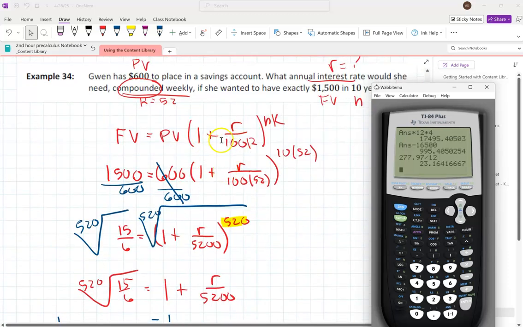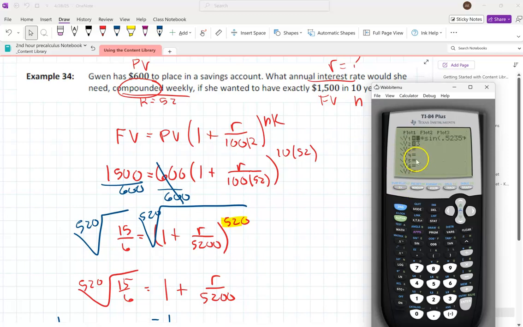If we did this one, oops. So we have 10 years, compounding every 52 weeks. Here we're solving for the interest rate.